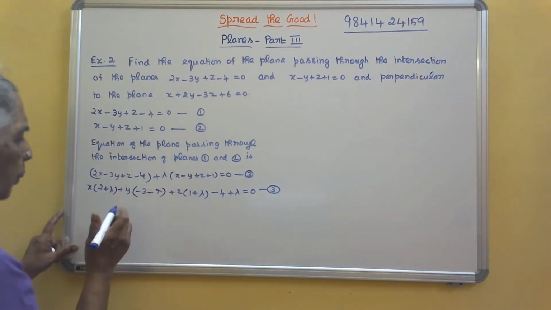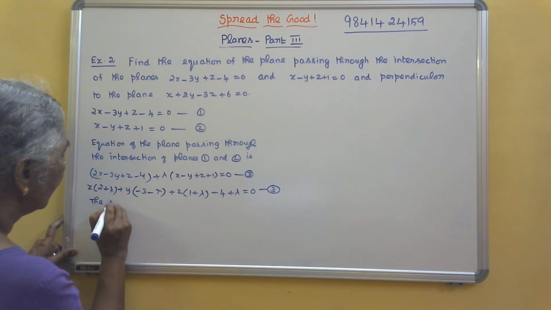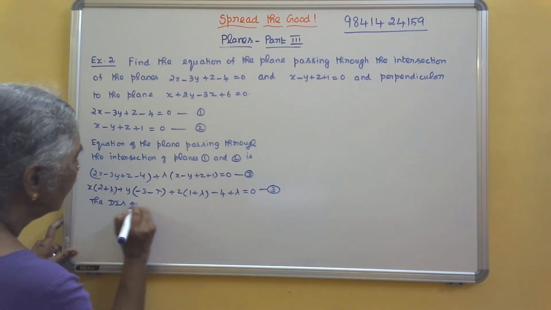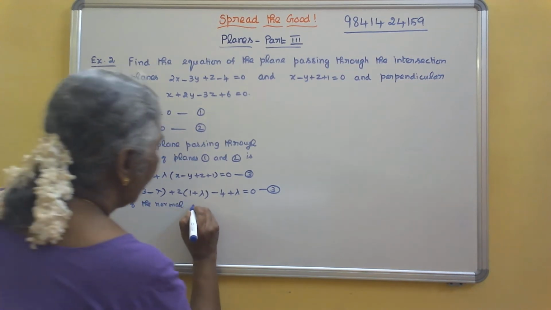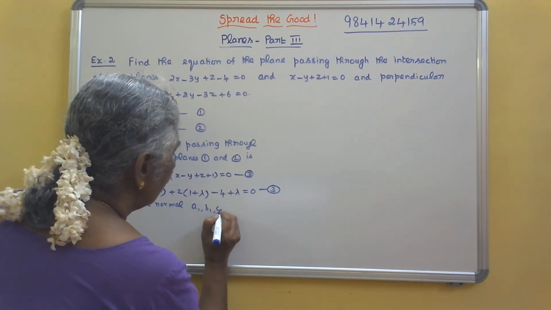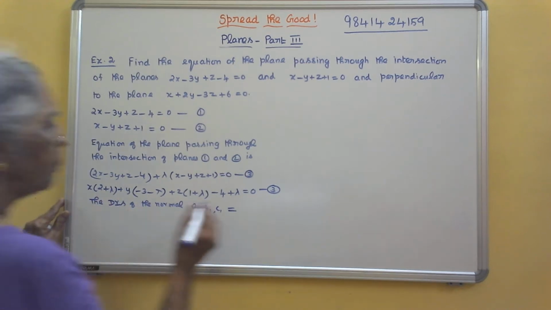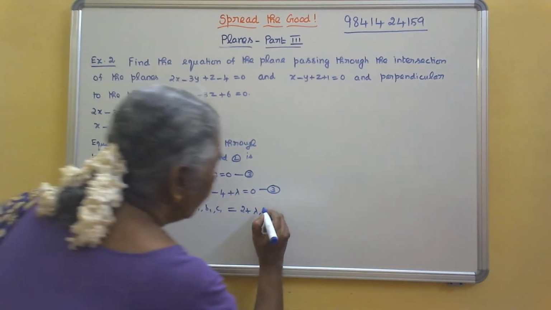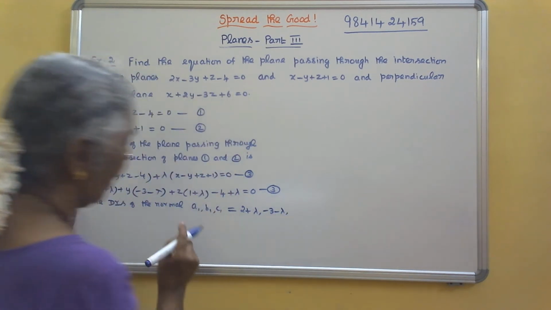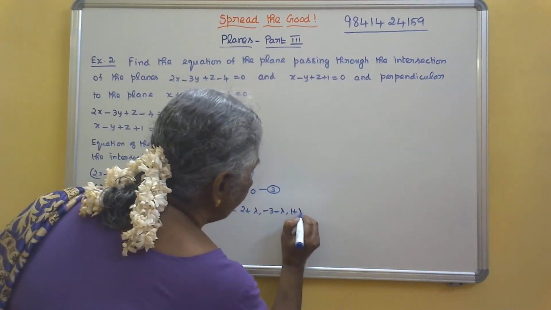So here, the DRs of the normal, we will take them as a1, b1, c1. That will be 2 plus lambda, comma, minus 3 minus lambda, and 1 plus lambda.